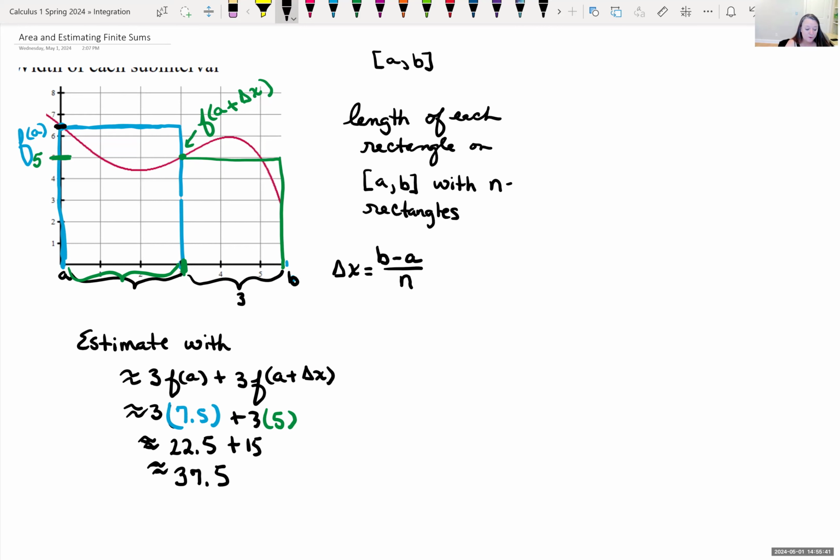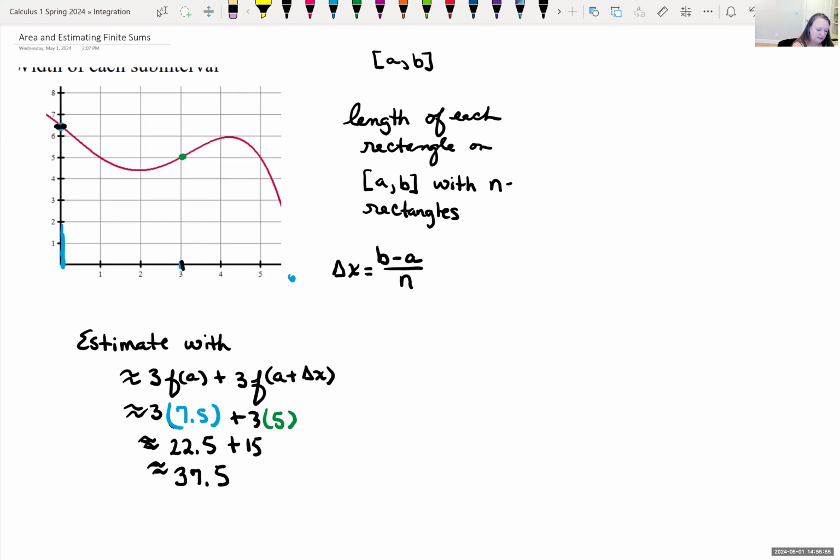The thing is, the more rectangles that we subdivide this into, the better estimate that we're going to get. So notice if we had used the left-hand bound and split it up into 6 different ones. So from here to here, hitting the graph on the left and then going over straight to here.